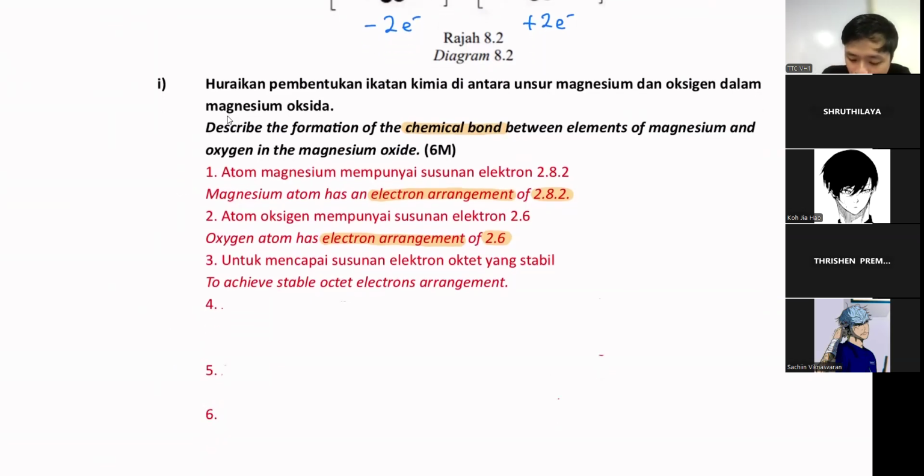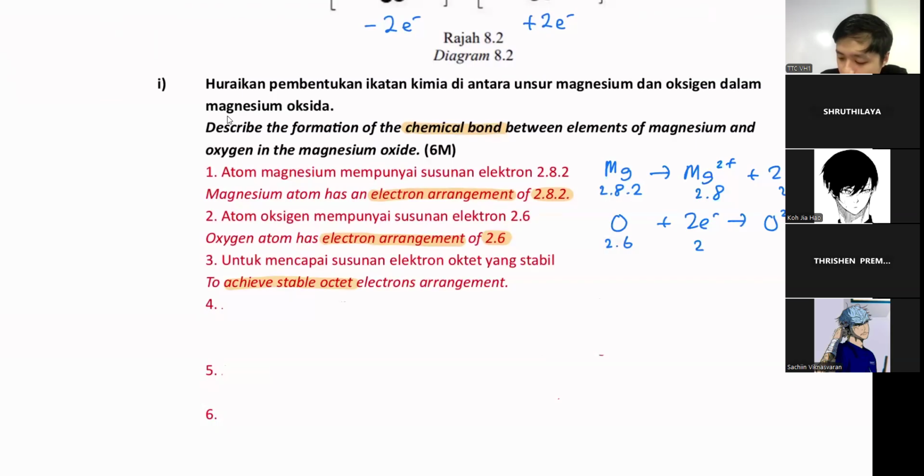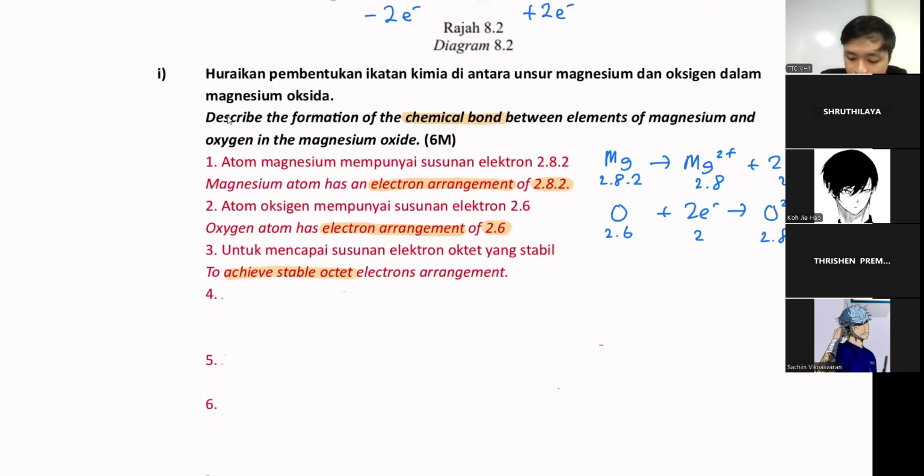To achieve stable octet electron arrangement, because magnesium is 2.8.2, it donates 2 electrons, becomes 2.8. Same thing as O, 2.6, receives 2 electrons, becomes O2 minus. All become stable.